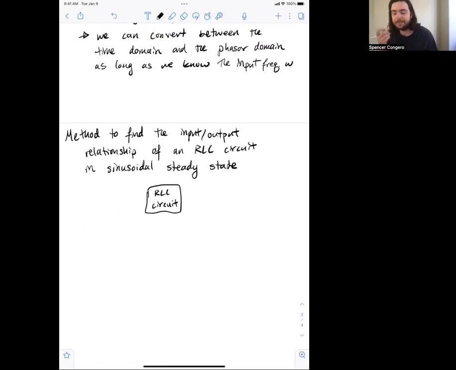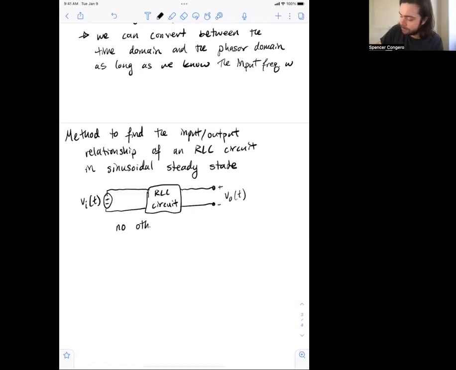And then we need to have some input. So I'll just hook this input up as a voltage source somewhere in the circuit. I'll just abstract it in this drawing, it goes into some circuit. And I'm going to call that v sub i of t, the input voltage source in this case. And we're going to have an output here. We're going to probe the circuit somewhere and have our output voltage function of time v sub o. And there's going to be no other sources in the circuit.